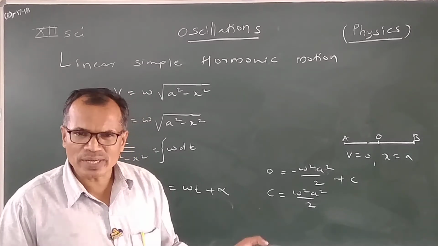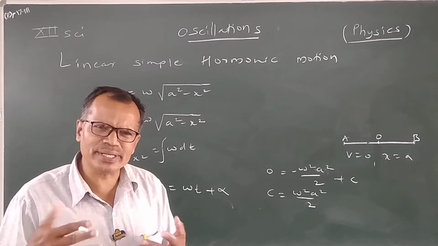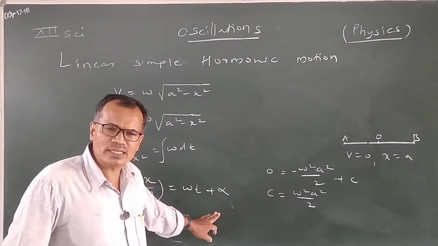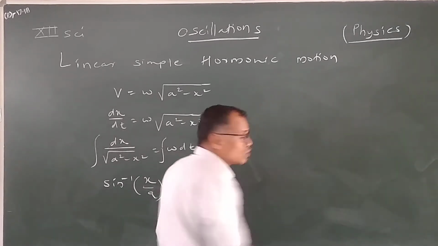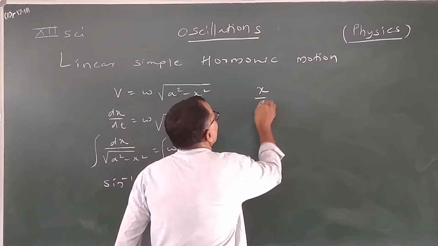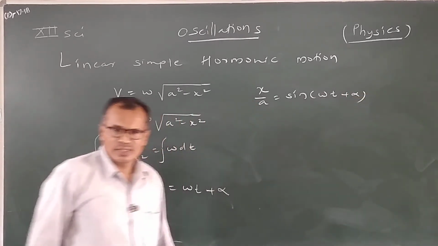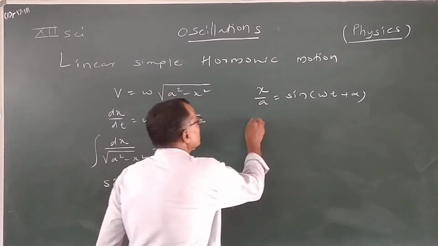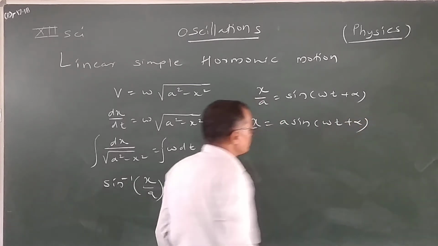Whenever we calculate the integration, there is always a constant of integration. What it may be, alpha, beta, gamma. In this case, we have taken alpha as a constant of integration. So now our equation will become x upon a is equal to sine omega t plus alpha. Further we can write that x equal to a sine omega t plus alpha.